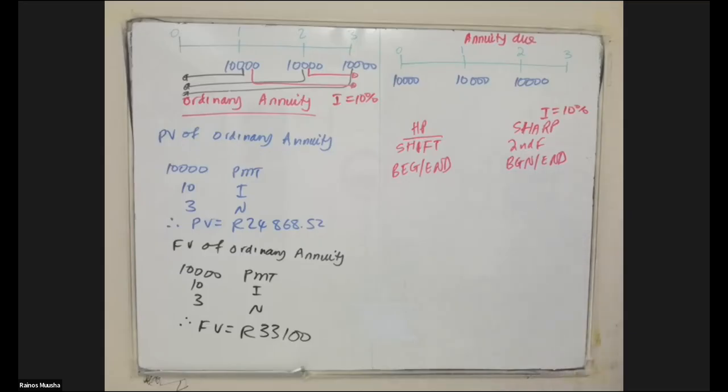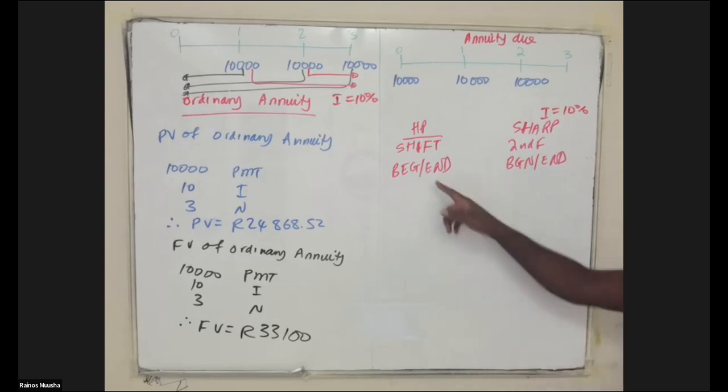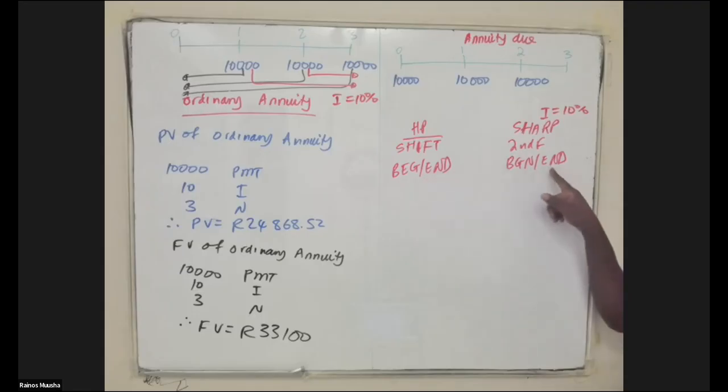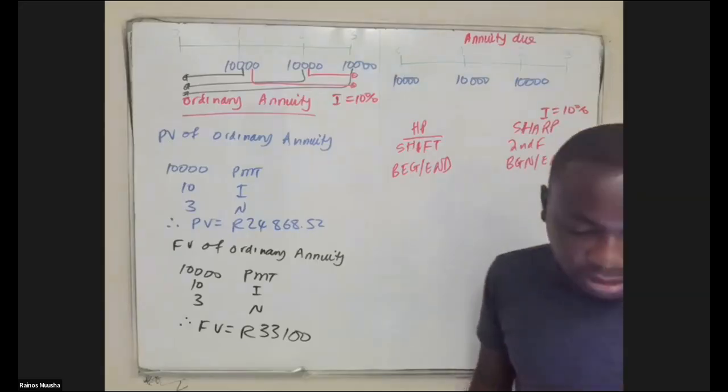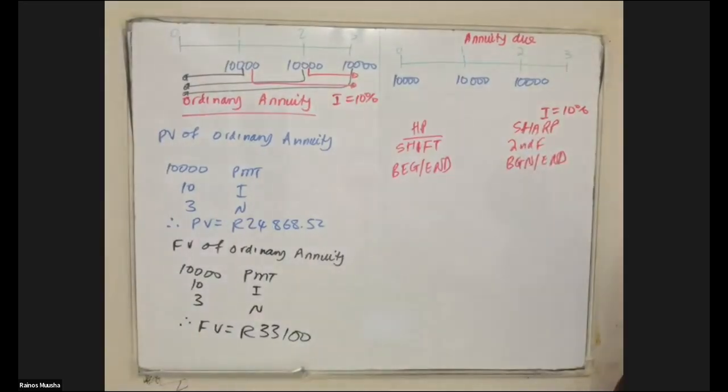So it means that the calculator is acknowledging that the payments are being made at the beginning of each period. Are we on the same page so far? Is it showing BEG at the bottom of your screen? And is it showing BGN at the top of your screen if you're using the Sharp calculator? Are we together there? Any questions? Anyone lost?